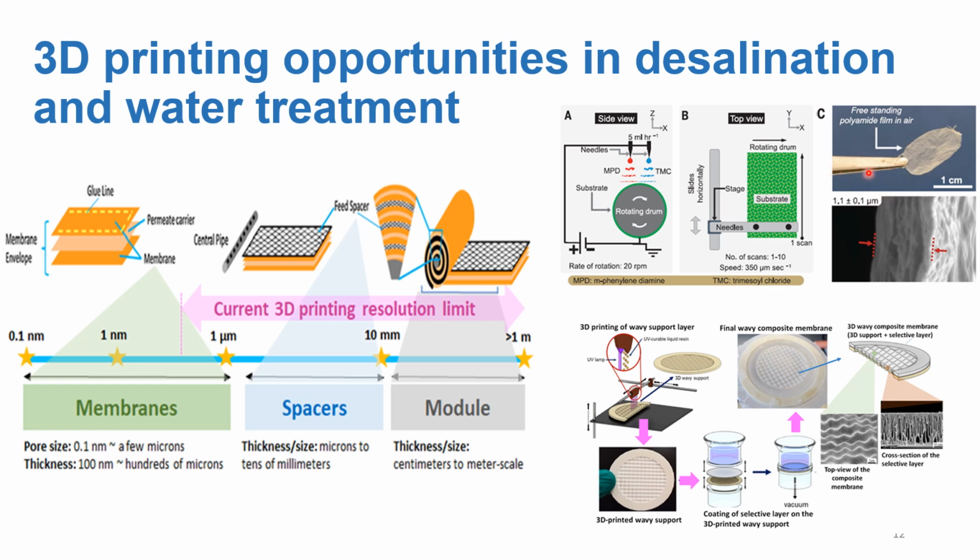So there's a potential for this type of technique, although this is not the conventional way of 3D printing, but still considered as an additive manufacturing technology because it is a layer by layer process. So these are some of the opportunities, and I hope you will look at it and try to see what other things you can contribute in terms of the use of 3D printing for desalination and water treatment applications.